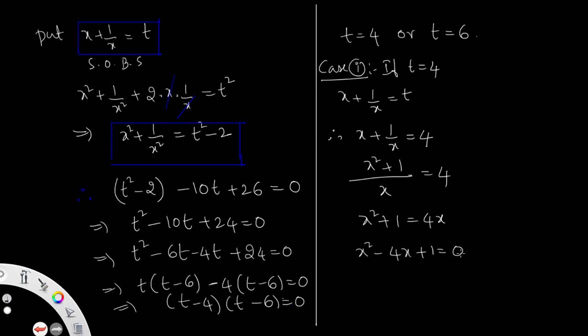For this equation, you can get the values in the form of x equal to minus b plus or minus root over b square minus 4ac, by 2a. Solving the equation for finding the roots, it becomes x equal to minus b, that is 4, plus or minus root over b square, that is 16, minus 4 into ac, by 2.